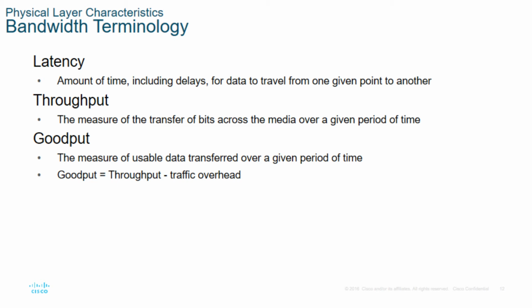Throughput is the measure of the transfer of bits across the media over a given period of time. Due to a number of factors, throughput usually does not match the specified bandwidth in the physical layer, and throughput is usually lower than the bandwidth.